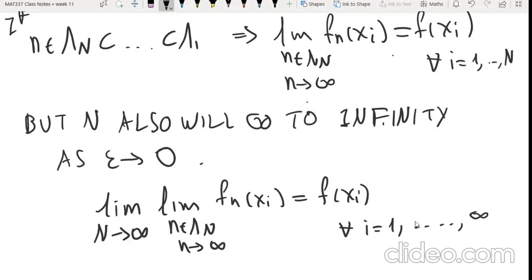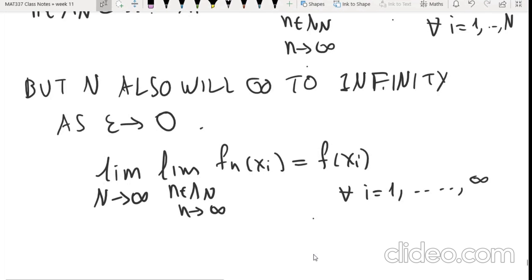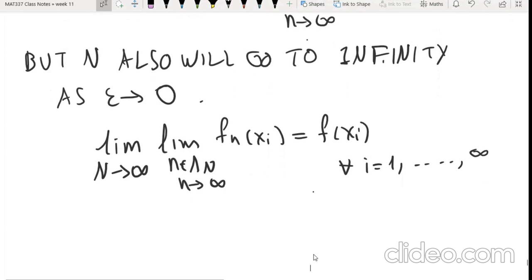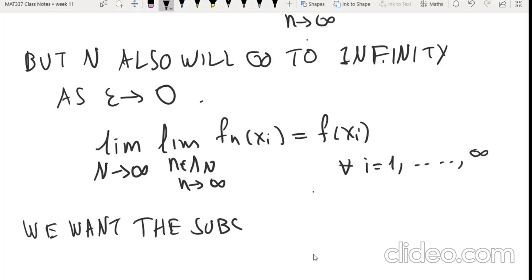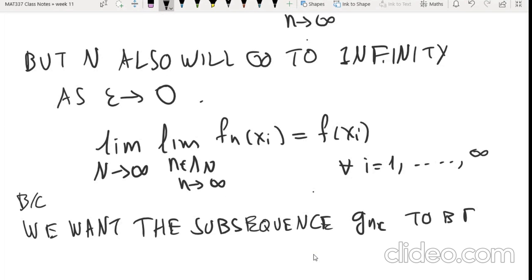Yes, x_i is finite for every epsilon, but you're not allowed to build a subsequence that depends on epsilon. We want the subsequence g_k to be independent of epsilon.